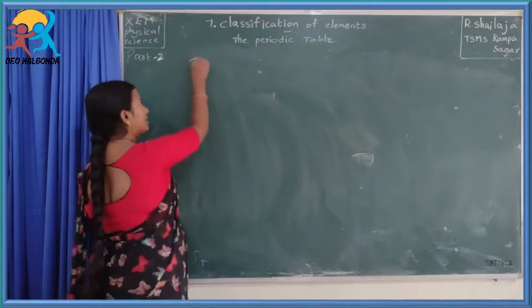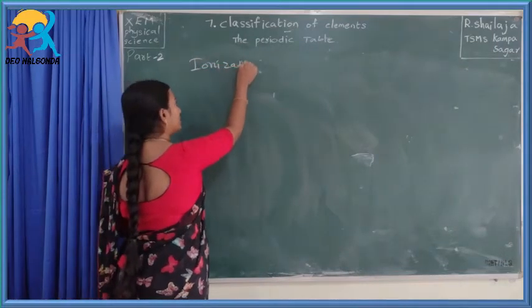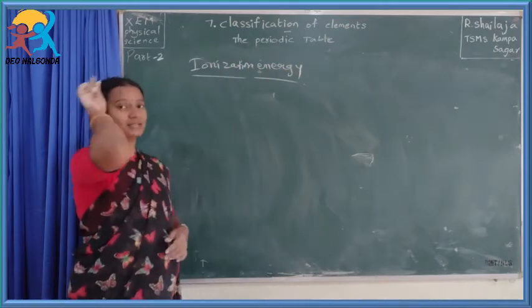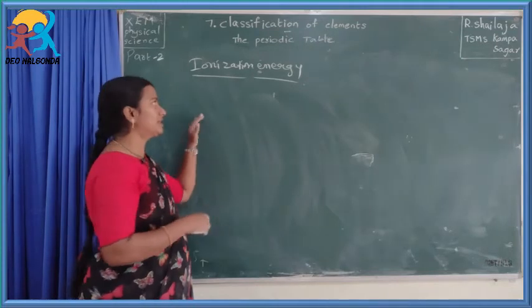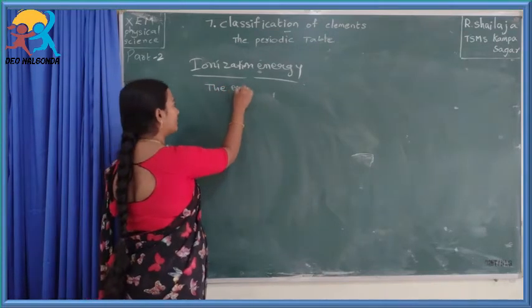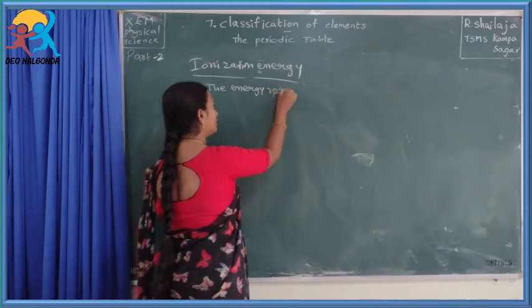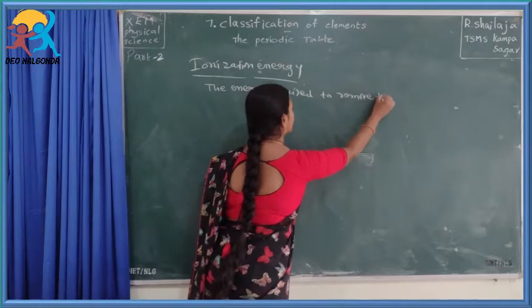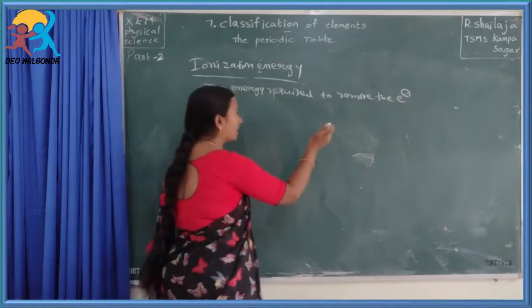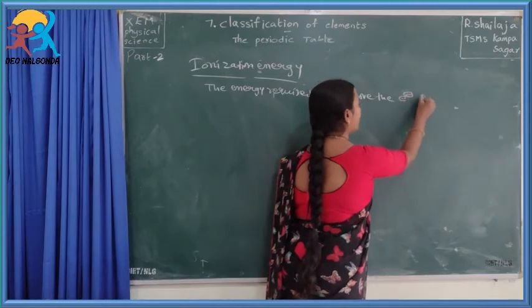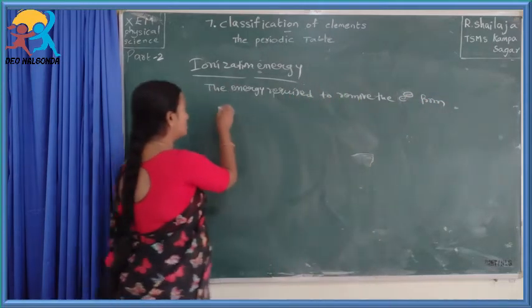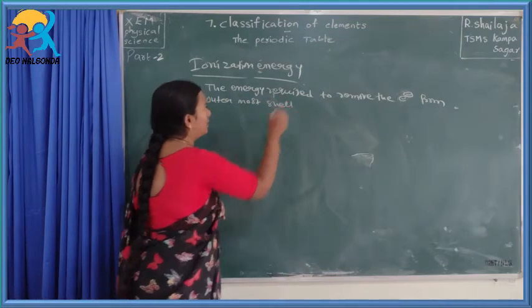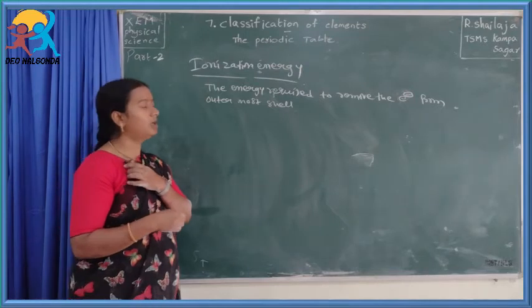Next is ionization energy. What is ionization energy? The energy required to remove an electron from the outermost shell.